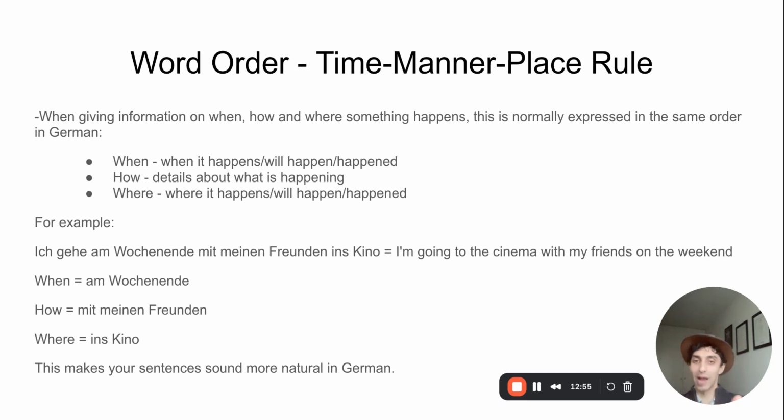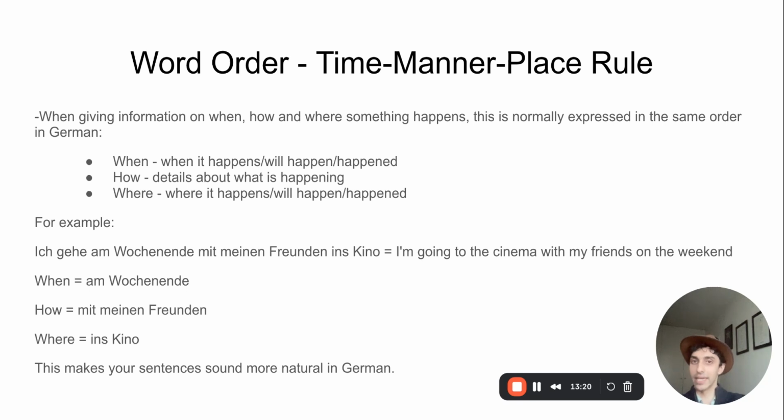And then lastly, where it happens. So it's always in that order: when, then how, then where. We'll see a few examples of this now, but whenever you're describing when, how, and where something happens, this is definitely the most natural sounding word order in German.